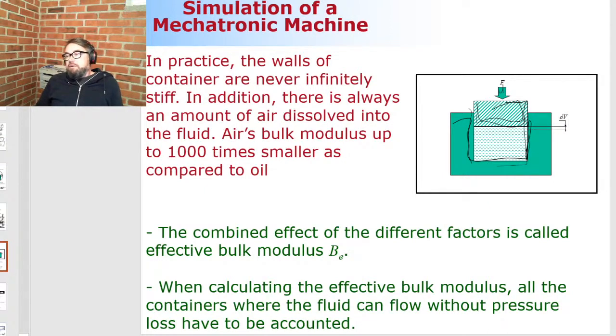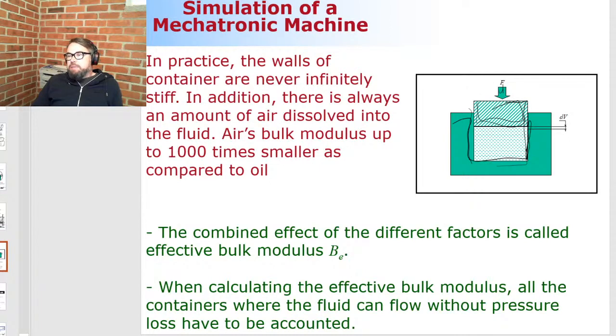And then, of course, just having the fluid without dissolved air is a little bit hard to do. Then what we need to do is extend this concept of bulk modulus in such a way that all these real life components, the flexibility of containers and dissolved air, must be accounted for.